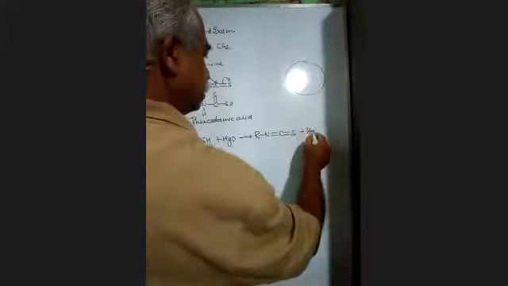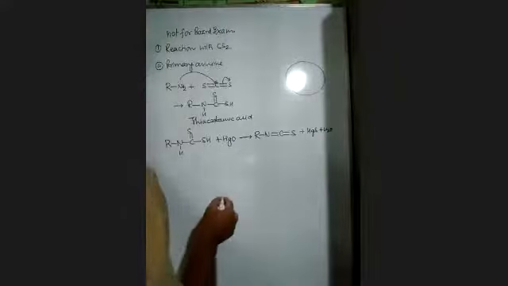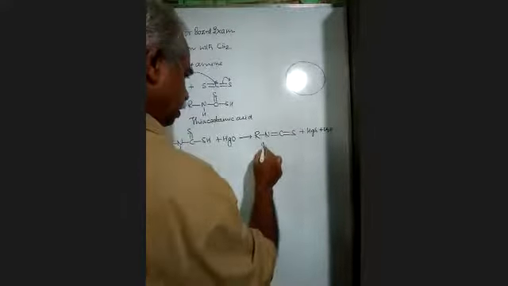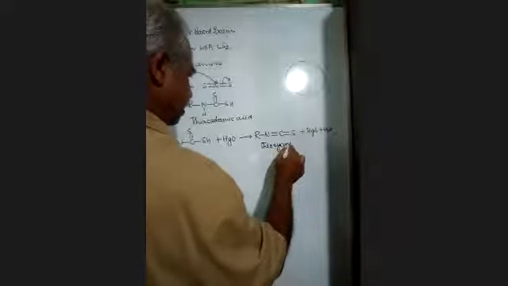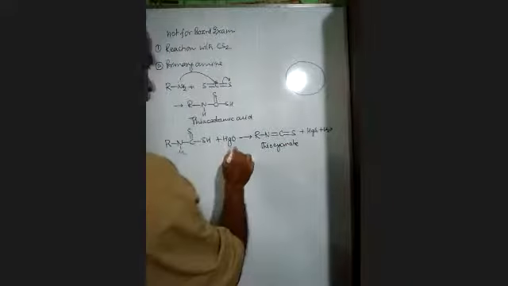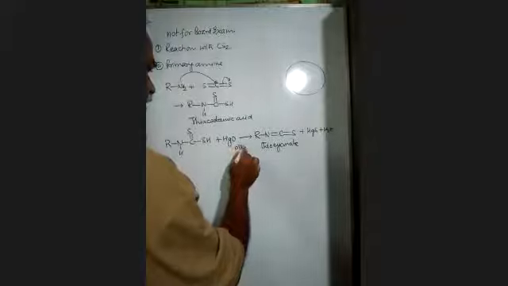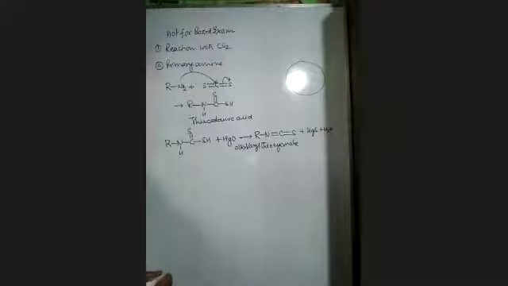H2S is acidic in nature, so it reacts with mercuric oxide to give you mercuric sulfide and water. This compound is called isothiocyanate. This R may be alkyl or aryl. It's a very important compound for organic reactions.